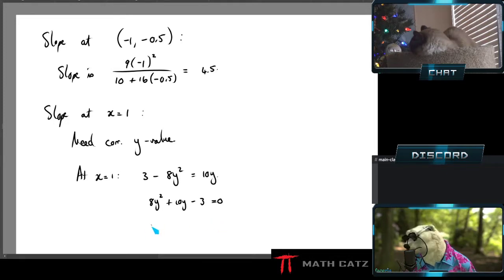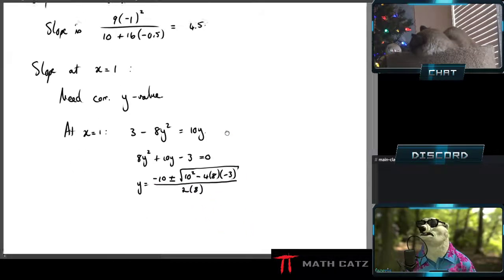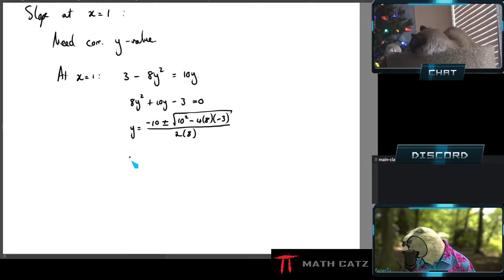Quadratic formula. Negative b plus or minus square root of b squared minus 4ac, c is negative 3, over 2 times a. I like to calculate the square root first. I don't know, just habit. What is inside that square root?